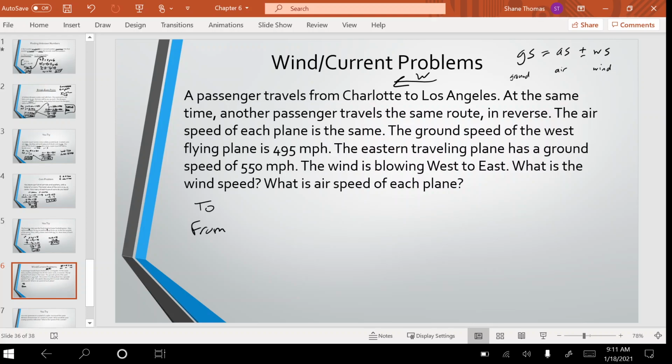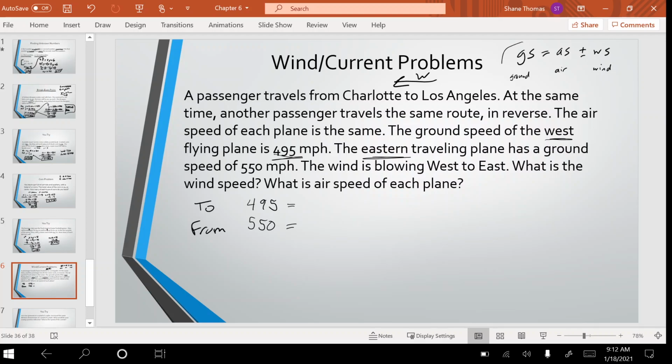So if he's going from Charlotte to Los Angeles, we don't know the airspeed. We don't know the wind speed. What we do know is the ground speed. When he is going west, he is at 495 miles per hour. When he's going east, he's at 550 miles per hour.